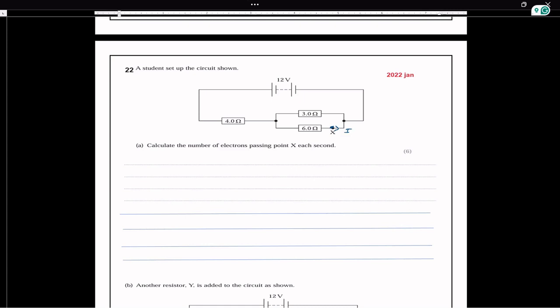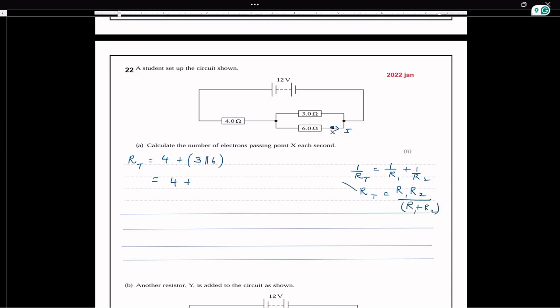So anyway, let us start with the total resistance. The total resistance of the circuit is 4 ohm plus the parallel combination of 3 ohm and 6 ohm. Like earlier, the total resistance of a parallel combination is 1 over R1 plus 1 over R2, but we can calculate RT as the ratio of their product and the sum.